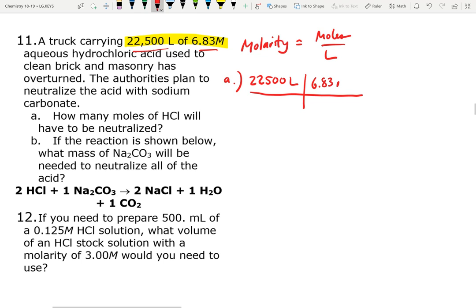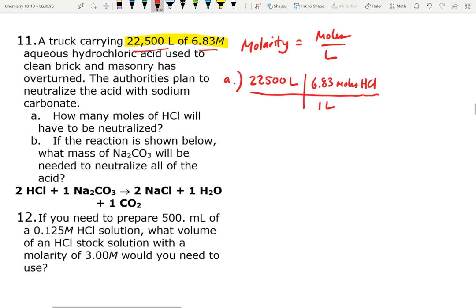6.83 moles of HCl for every 1 liter of solution. So this is going to be some big numbers, right? Because we're taking a rather large amount of acid and taking it times 6.83 moles for every one of those liters. At that point, we can calculate it out, find out how many moles we're talking about. Okay.